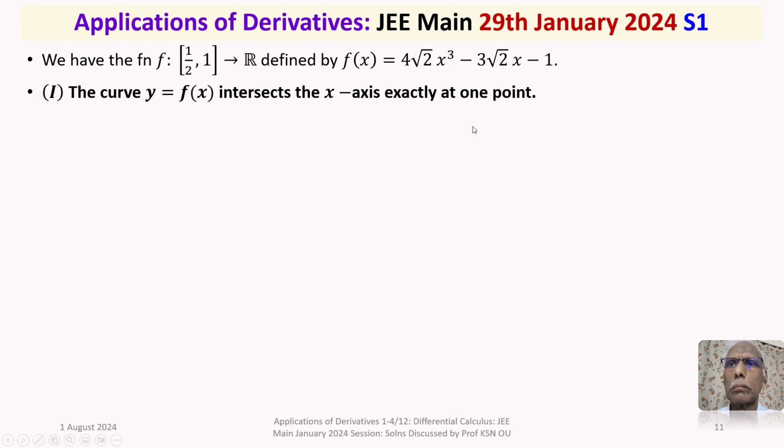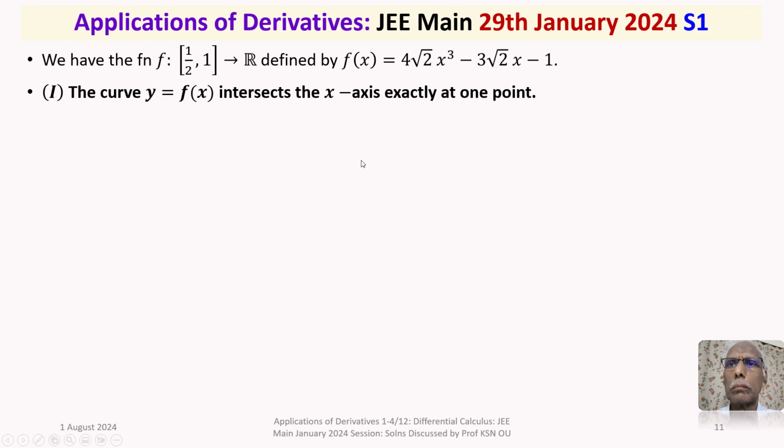Right. So first, that means y is equal to f of x has exactly one root in the closed interval half to 1.